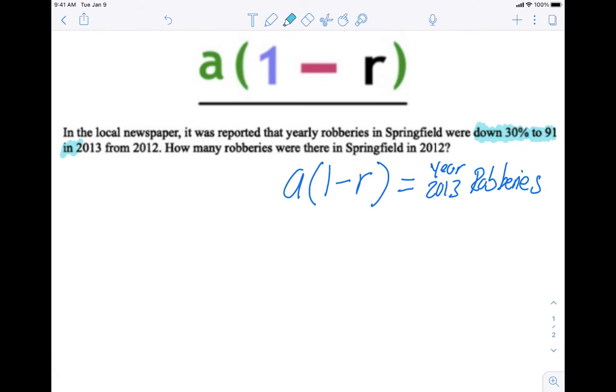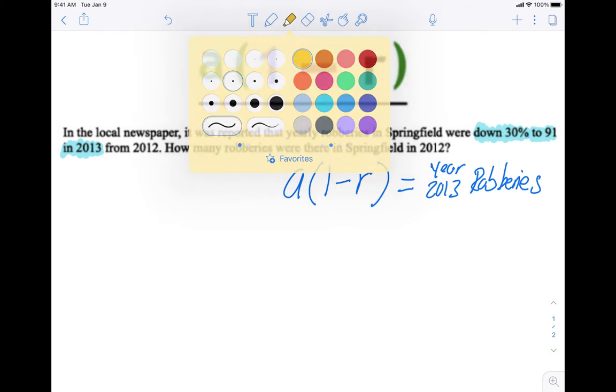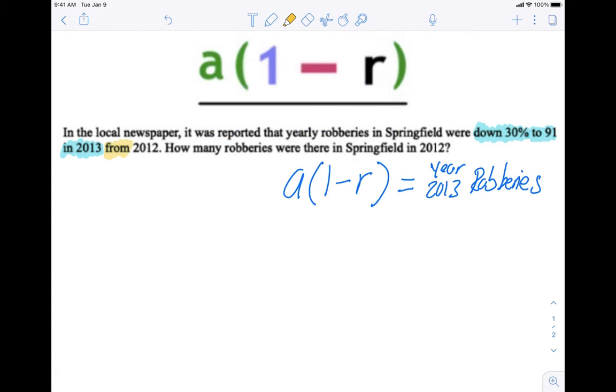So, there were 91 robberies in 2013 from, everybody, look at this. I'm going to change this here because this is important. From 2012. How many robberies were there in Springfield in 2012? 2012 comes before 2013. So we don't know the starting number.